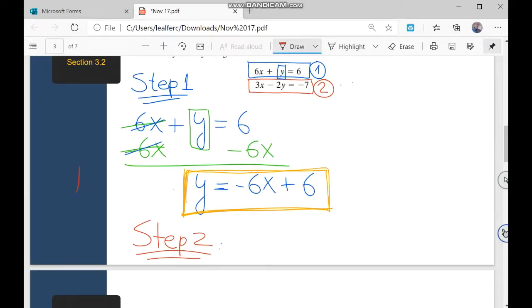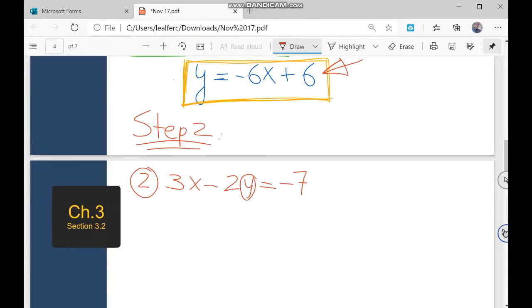Let me write equation number 2: 3x minus 2y equals negative 7. This is equation number 2. We're going to substitute what we found in step number 1 here into equation number 2.